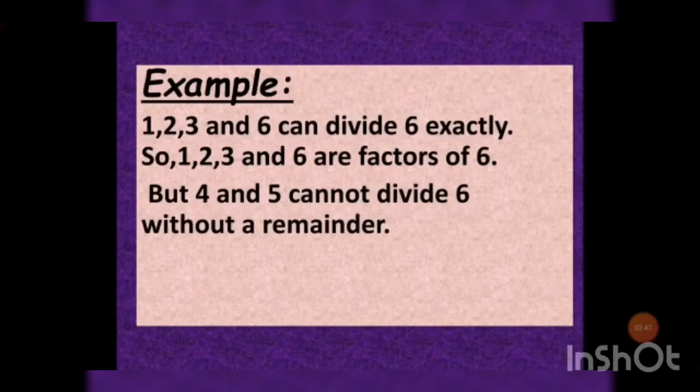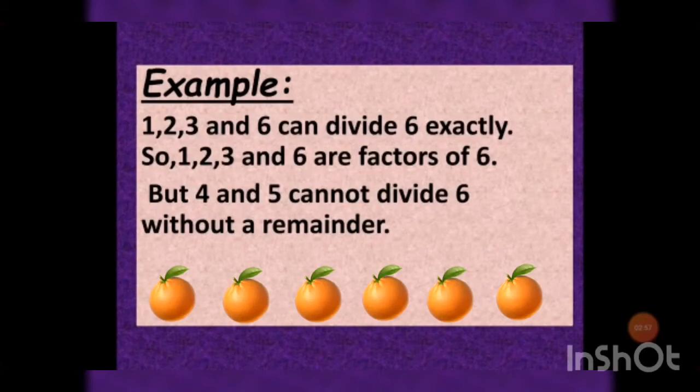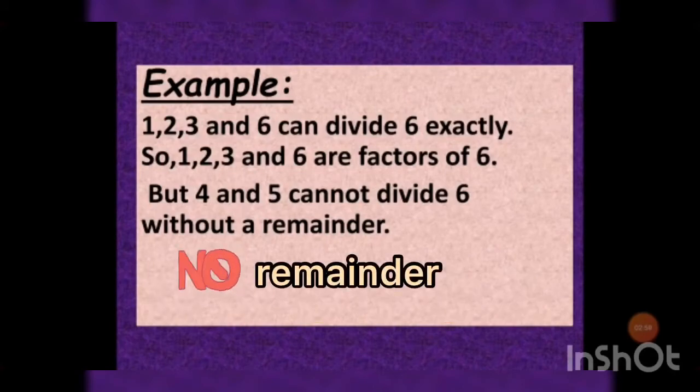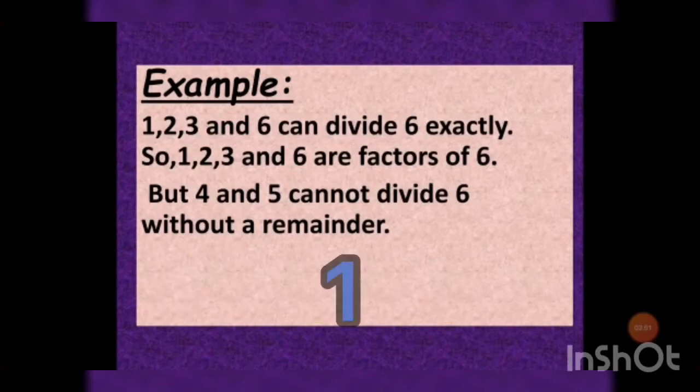That means if you divide 6 by 6, if you have 6 persons and you give them 6 oranges to divide, there will be no remainder. Each person will get 1. And if you decide to give the whole 6 oranges to one person, that's fine. Do you understand?